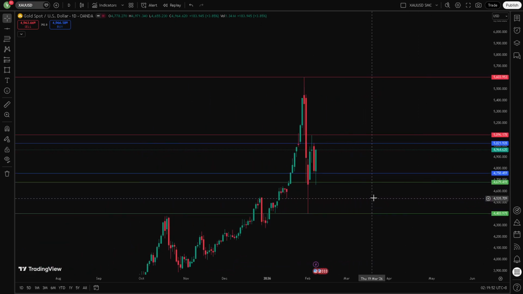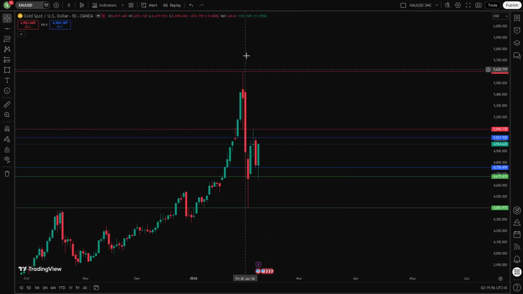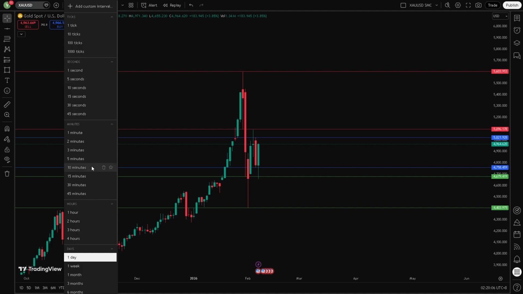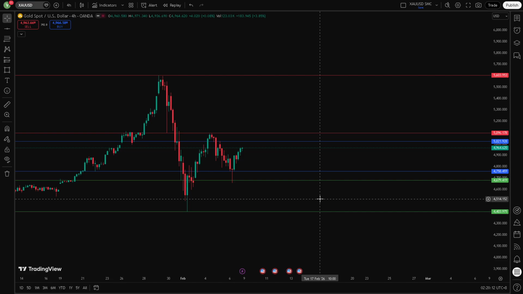So here you can see where the price was last week and where the price is low, the pivot area, which is the previous week low and highs. So now I'm going to go to the 4 hour, and here we can see what is going on with gold.